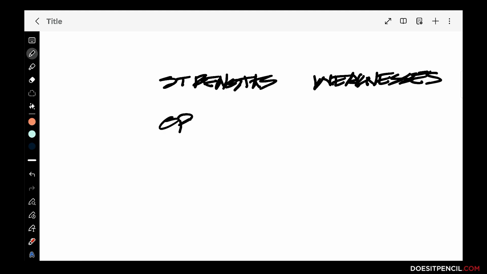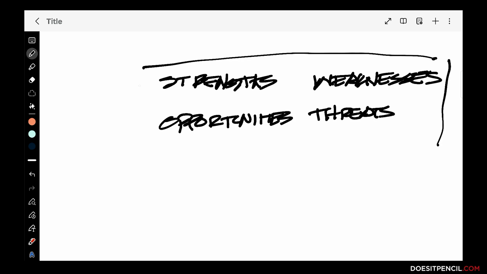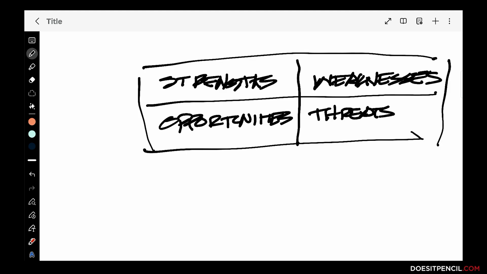And then opportunities and threats. So if we turn this into a four-square grid, it would look something like this.